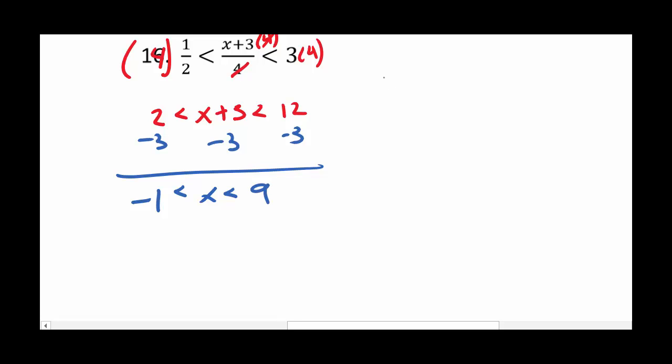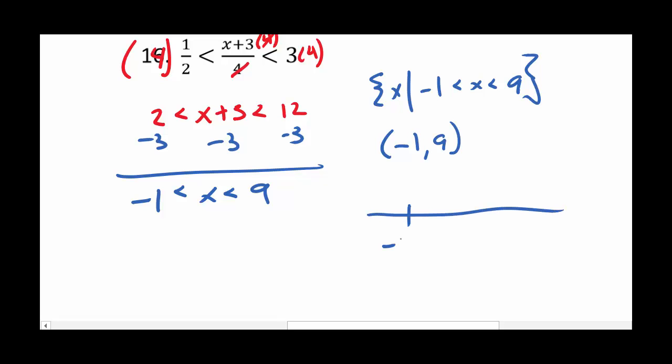Okay, so there's one of my answers. So x such that negative 1 is less than x, which is less than 9. Then in interval notation, it would be open parentheses negative 1 to 9. And on a number line, I would have open circles at negative 1 and 9, and I would be shading everything in between.